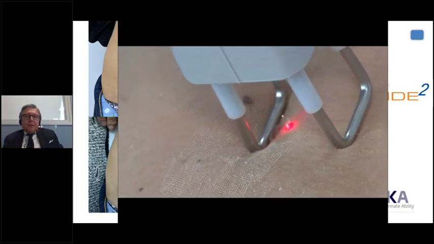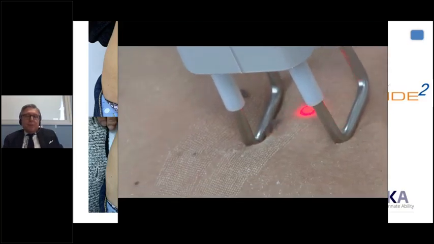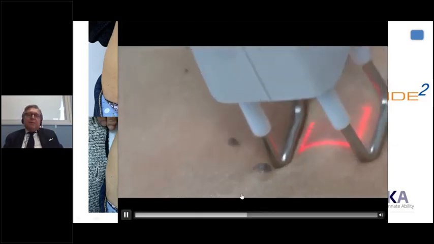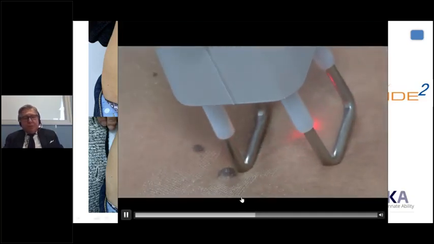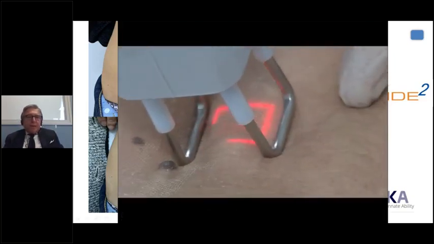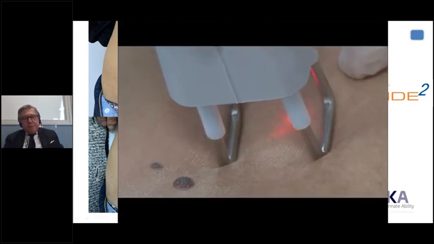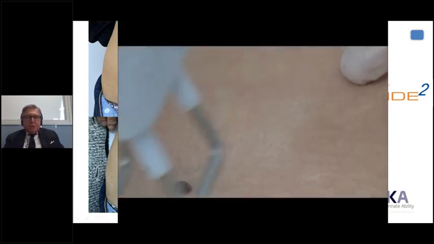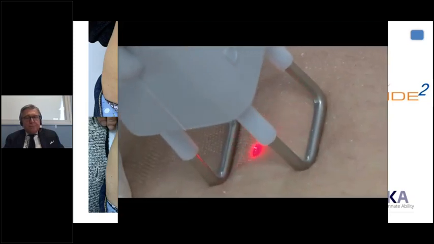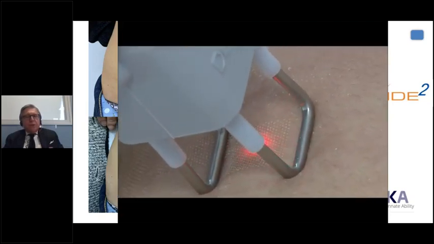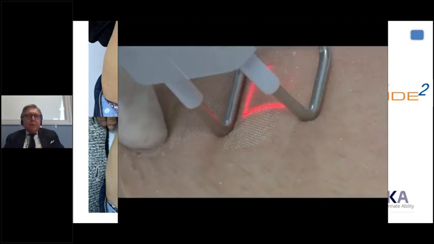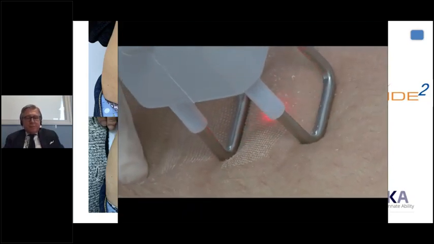You see, we have no or minimal overlapping. This is valid for any kind of treatment, even face resurfacing or any other parts of the body, the neck and décolleté. The procedure is always the same. And then we continue to cover the entire area where we have the laxity and stretch marks.